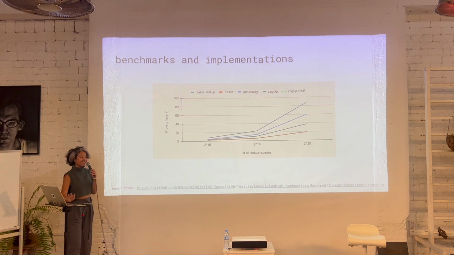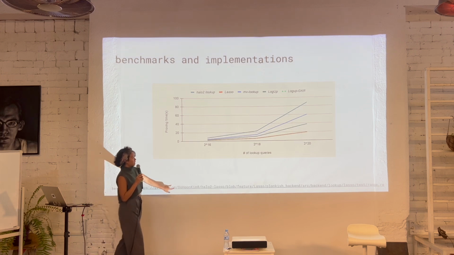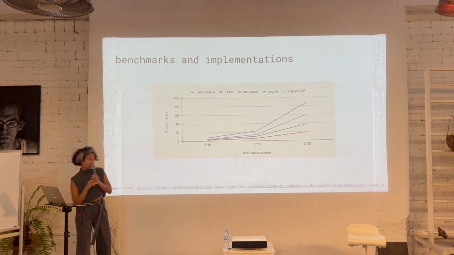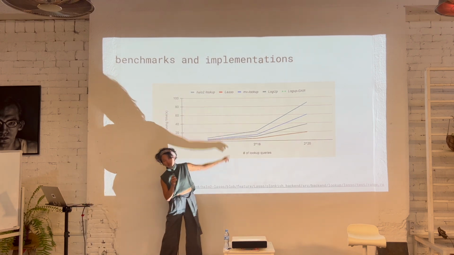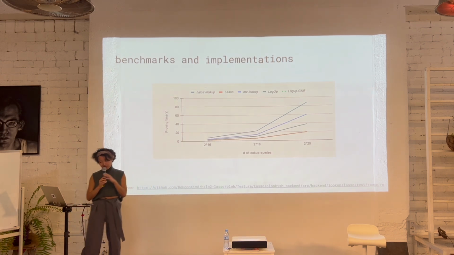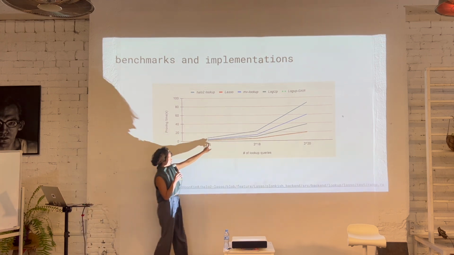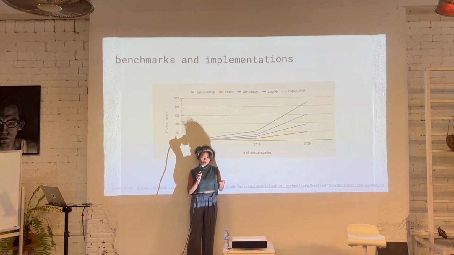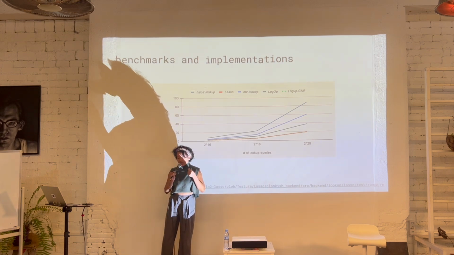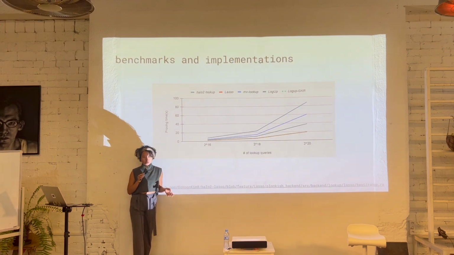This is my last slide, showing some benchmarks of these different lookups in Halo 2. You can see the original Halo 2 lookup is the slowest. This is proving time, because you're committing to a whole bunch of stuff. Whereas the fastest over here are Lasso and LogUp GKR, because as we mentioned, both of these use GKR, and this means the prover doesn't have to commit to intermediate values.